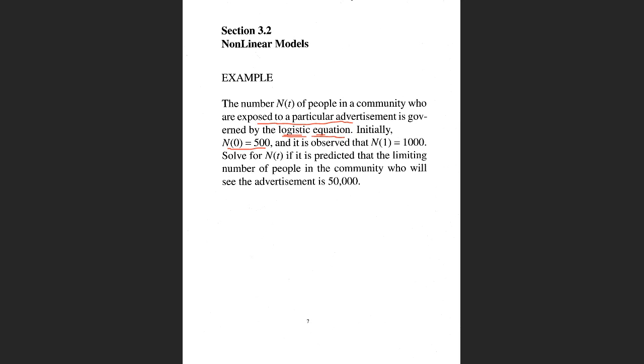After 1 hour, 1,000 people have seen the advertisement. We want to solve for the number of people who have seen the advertisement if the limiting number of people in the community who will see it is 50,000.